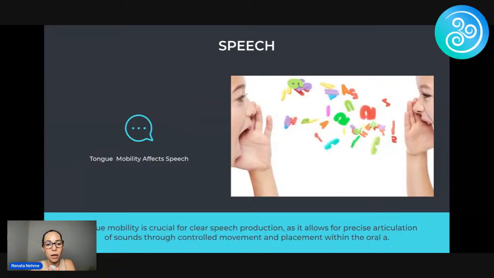Because as we talked about before, all of these tongue functions are being affected by other things. Many people who are not in this world may not know, when somebody has a speech issue, to look at the nose. They may not know to look at the oral cavity to make sure that it's big enough. So it really just goes hand in hand.